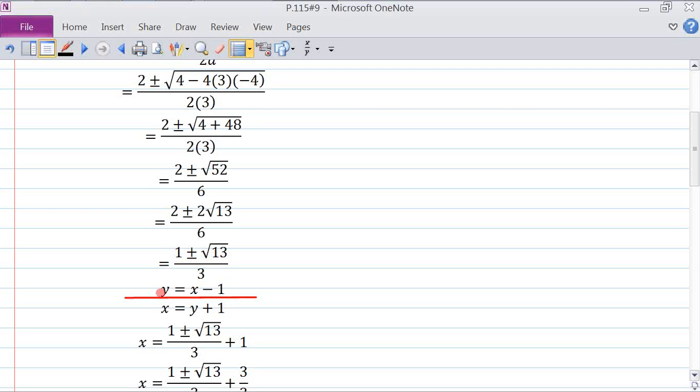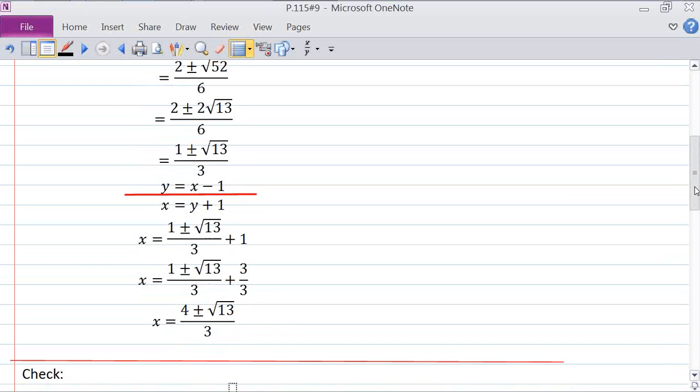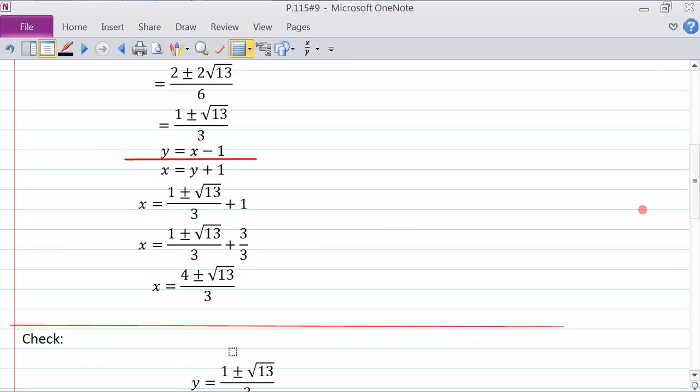And from this, if we know that y equals x minus 1, then x equals y plus 1. And so we get the y value, which is right here. This is the y value. We put that in right here.